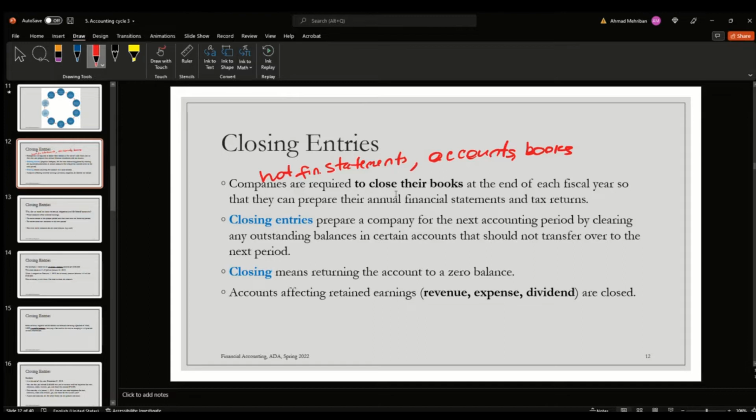There are very few of those examples, only a few of them get closed: revenue, expenses, and dividends accounts have to get closed.